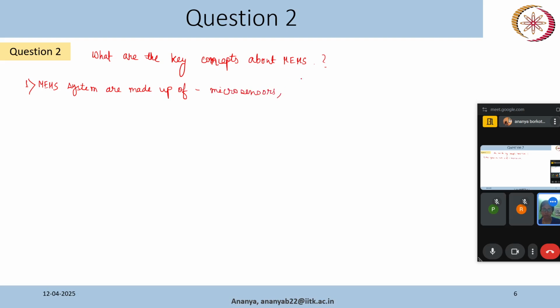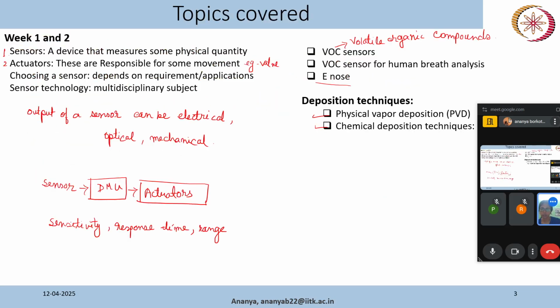So microsensors, microactuators, microelectronics, and microstructures. These are the components of the thing that I discussed in the first slide.